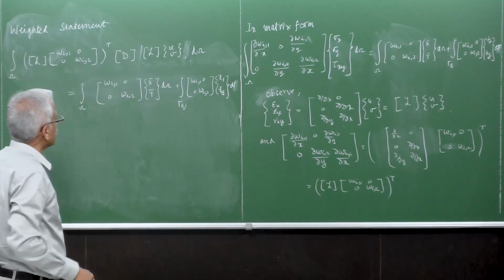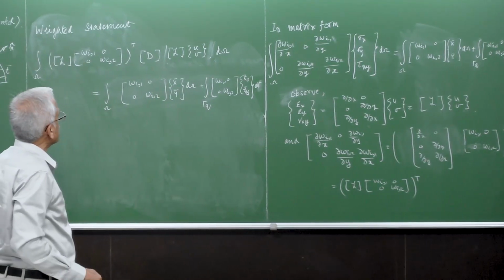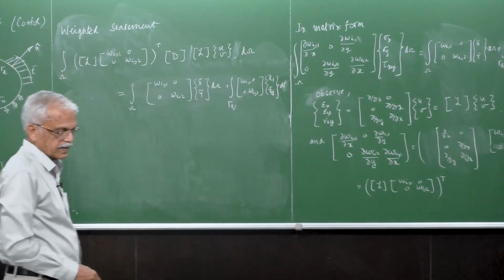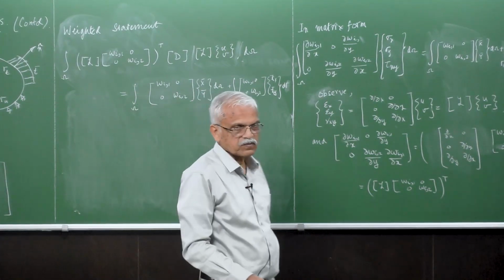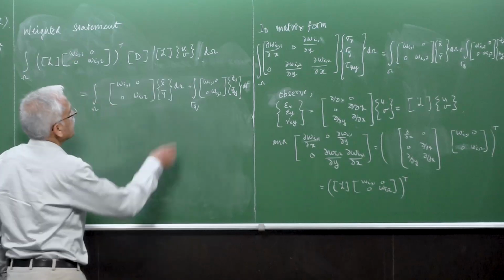Okay, so this is the weighted statement, a little bit more concise. And then from here onwards, we have to make an approximation for u, v.